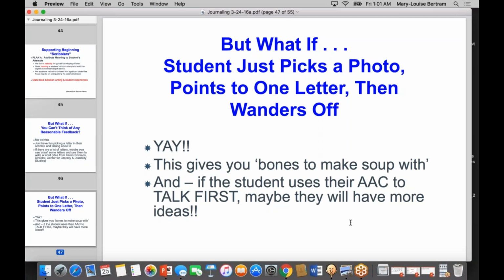You can scaffold them to some pages, and you're modeling, but this is a conversation. This is about the power of AAC. This is about the awesomeness of writing. This is not, sit down, this is the time to do it. That is an interrogation because I need letters, I need a sample, come on, let's do it. Absolutely. And I think we hope that's been an underlying theme of our entire series: conversation, not interrogation. We're not being directors, we're being conversation partners.